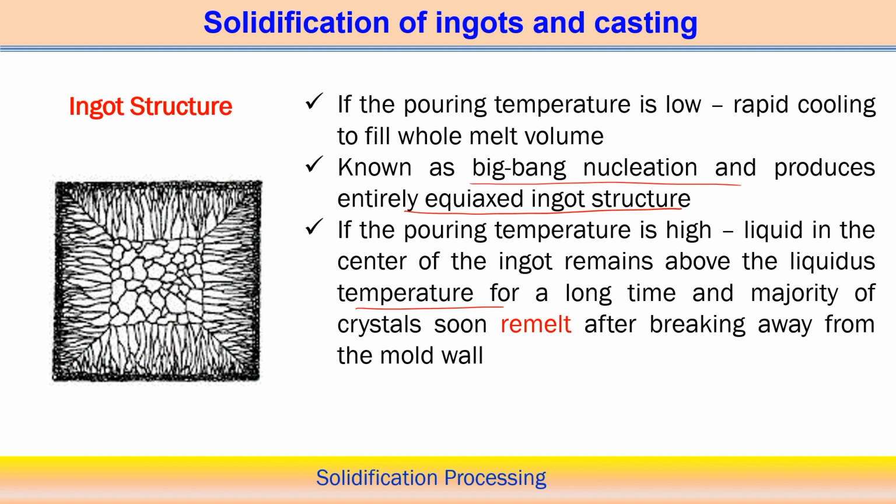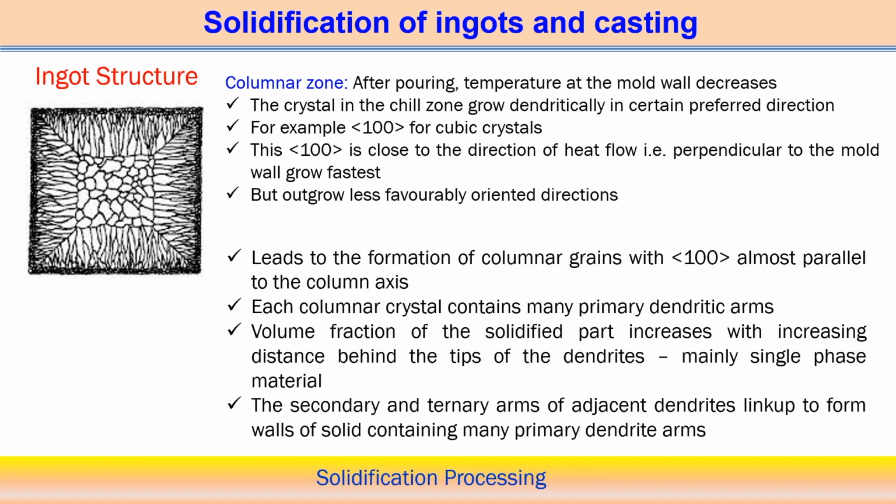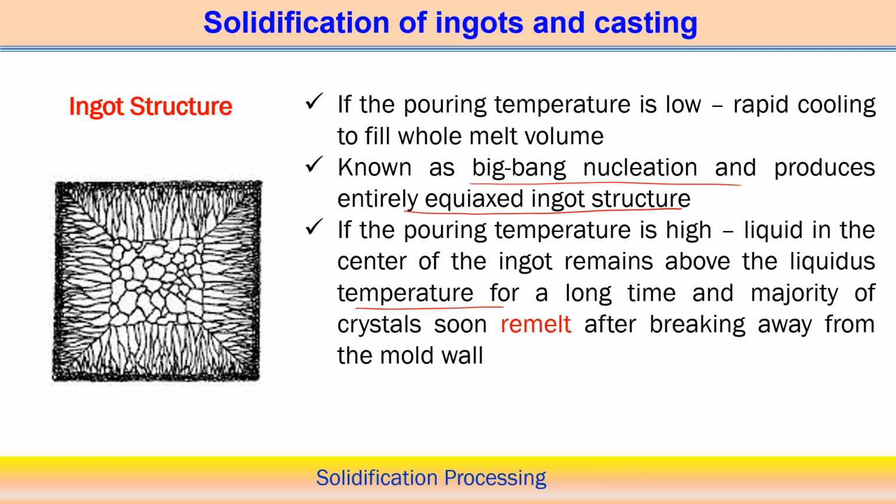Then remelting of the already solidified component may occur, and it actually breaks and influences the nucleation process as well as the complete solidification process. So, this is the typical characteristics of the ingot structure specific to the chill zone.